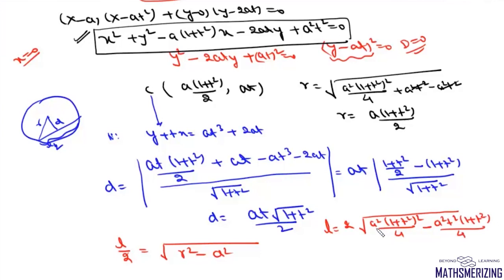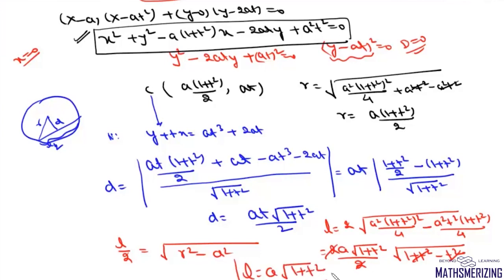Now here we'll take a square and (1 plus t square) common. We'll write 2a under root of 1 plus t square. We'll also take this 4 common, and then we'll get (1 plus t square) minus t square. So basically a will also cancel. So the length of this chord will be a into under root of 1 plus t square. And that is the result we needed to prove.